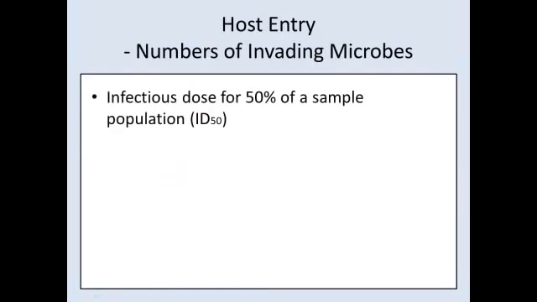Now, preferred portal of entry leads us to infectious dose, which is the number of invading microbes that you need for 50% of a sample population to become ill. When we do these studies, our sample population is usually mice.